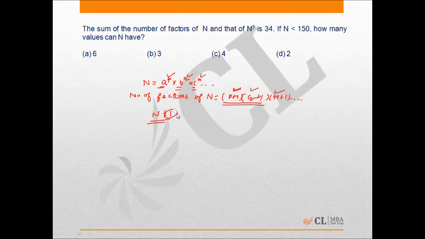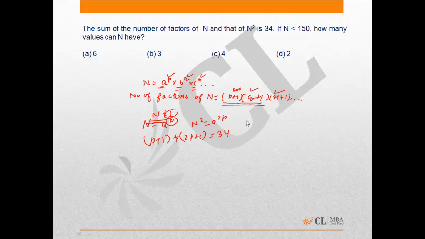When n has exactly one prime factor, then n will be of the form a raised to power p. In that case the number of factors of n will be p plus 1 and that of n square, which would be a raised to power 2p, is 2p plus 1. This has to be 34.